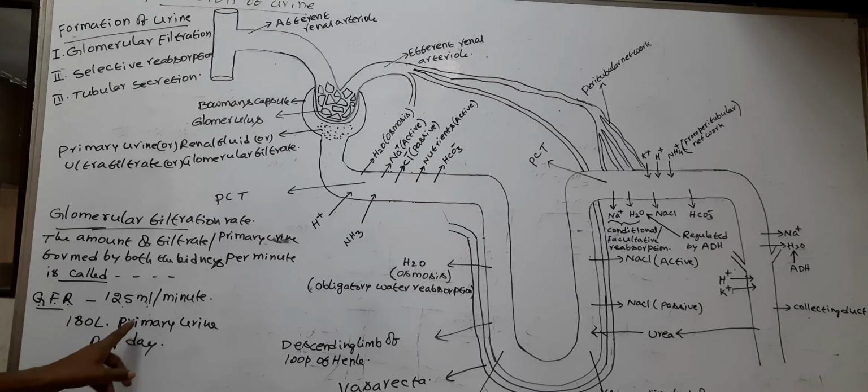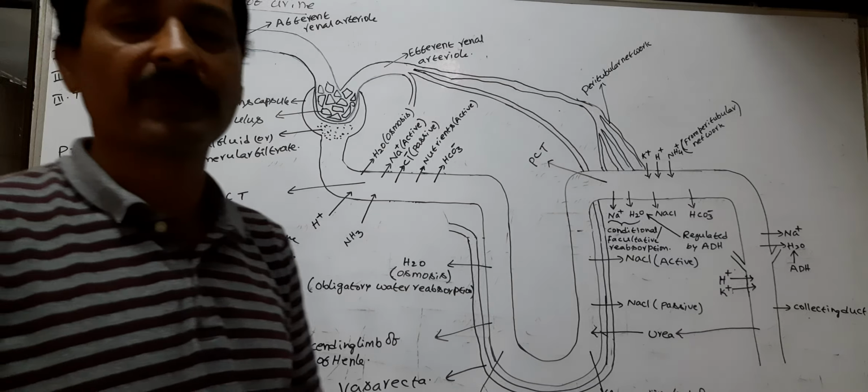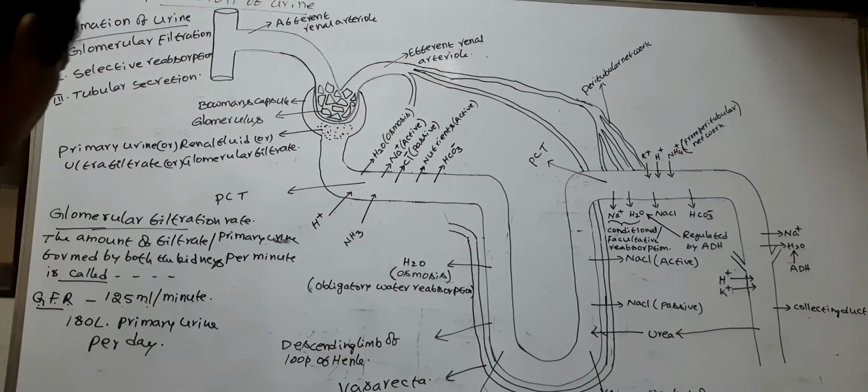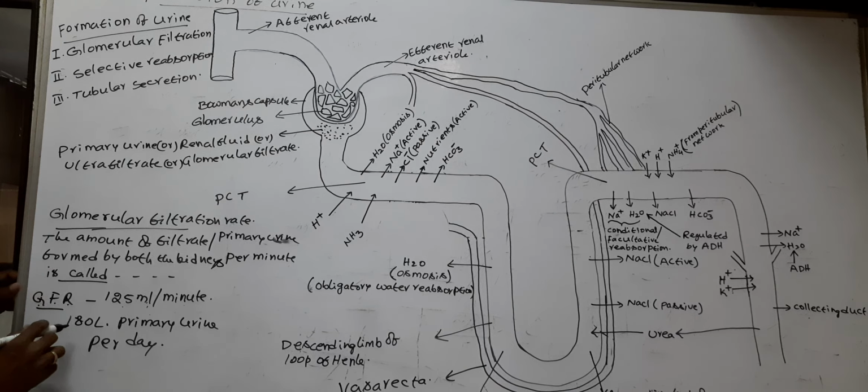So per day, both the kidneys of a healthy human being form 180 liters of primary urine or filtrate. So per day a large amount of primary urine is formed in both the kidneys.